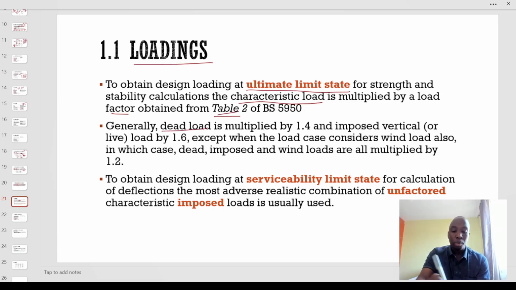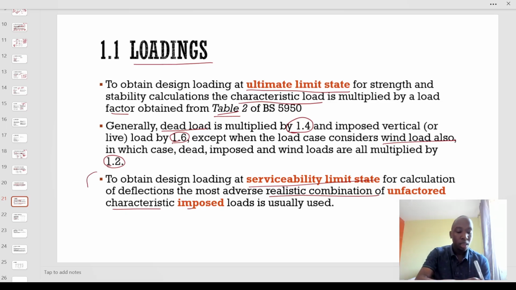So dead loads will be multiplied by 1.4 as we saw in the table, and imposed vertical or live load will be 1.6, except when the load case considers wind load also, in which case dead, imposed, and wind loads are all multiplied by 1.2. To obtain design loadings at serviceability limit state for calculation of deflection, the most adverse realistic combination of unfactored characteristic imposed loads is usually used.